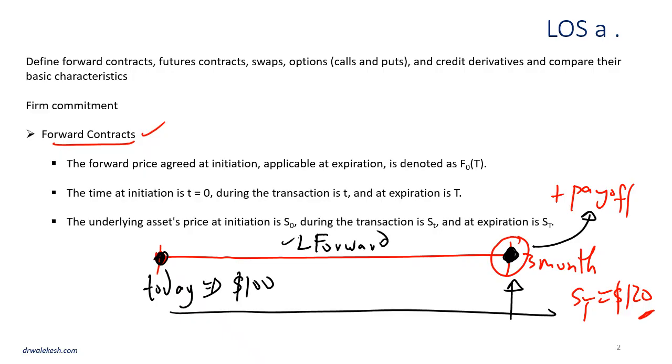Because what that implies is that I will still be able to buy the asset for how much? $100. However, in the market, the asset is actually worth 120 US dollars. So what that implies is that I have a positive payoff of $20.